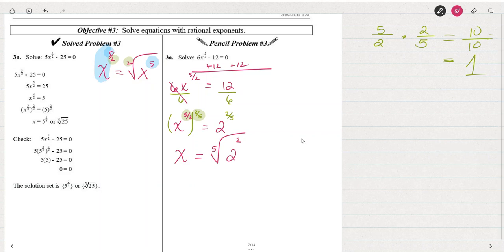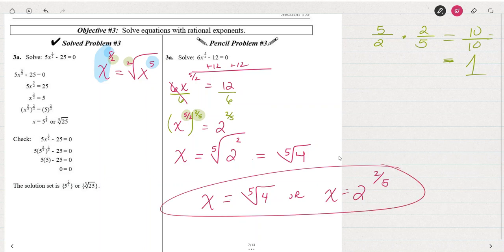So the 5th root of 4, which doesn't simplify. So I could write the answer as the 5th root of 4, or I could write the answer as 2 to the 2/5. Either way would be acceptable.